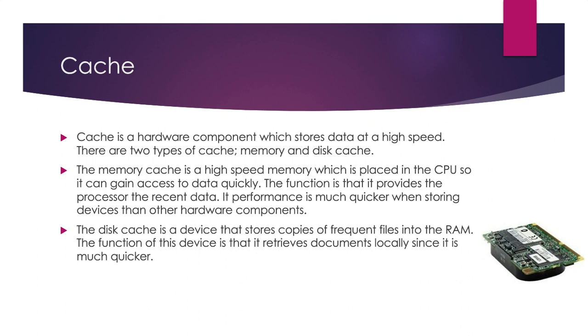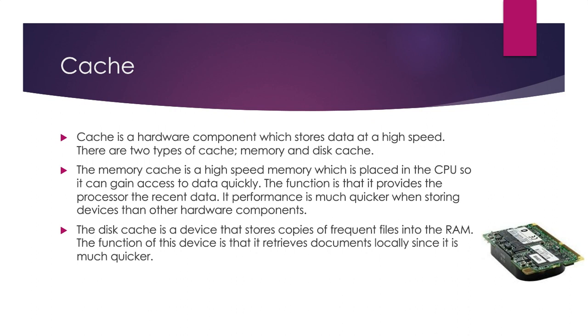Cache is a hardware component which stores data at high speed. There are two types of cache, memory and disk. The memory cache is high speed memory placed in the CPU so it can gain access to the data quickly.